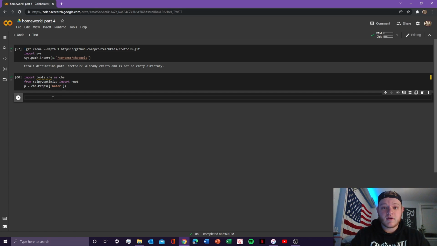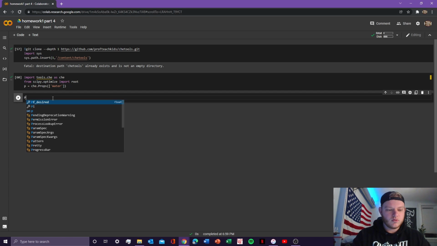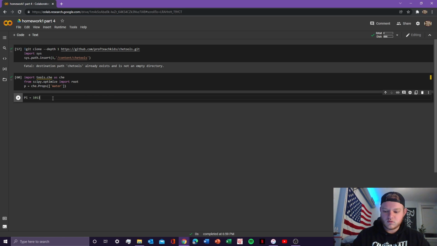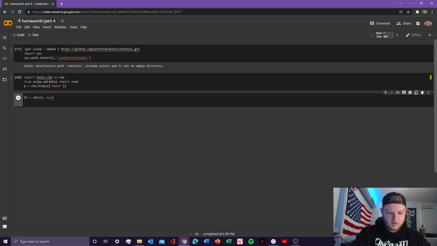Alright, so now we're going to define our initial variables that we are given. So if I can reference those here, we'll do pressure initial is equal to 101,325. That is pascals. The next one is temperature initial. That is equal to 298.